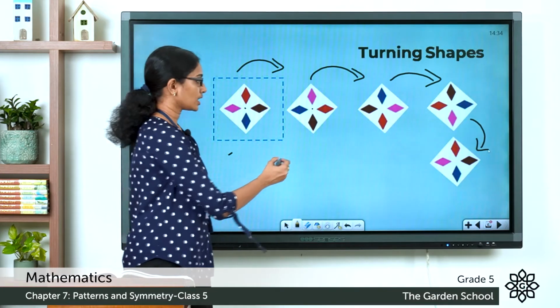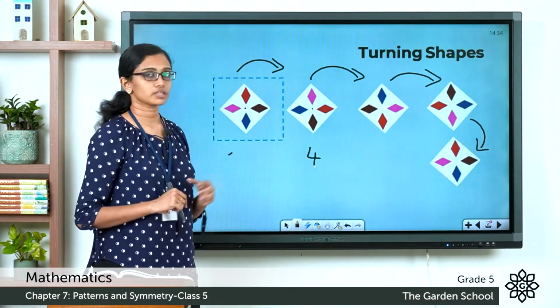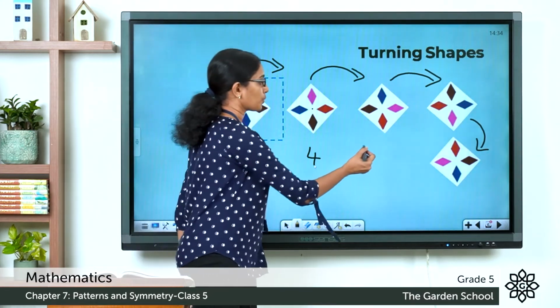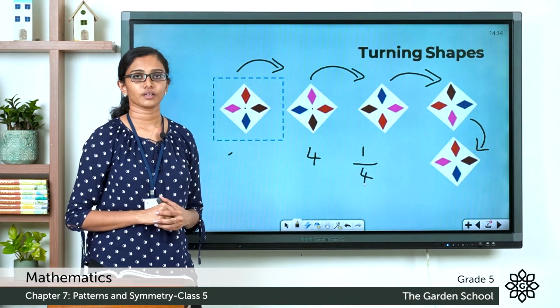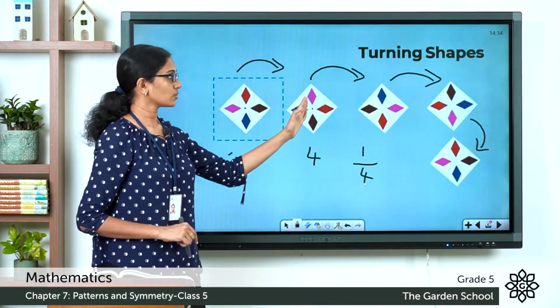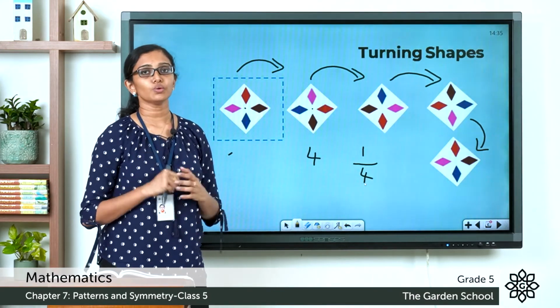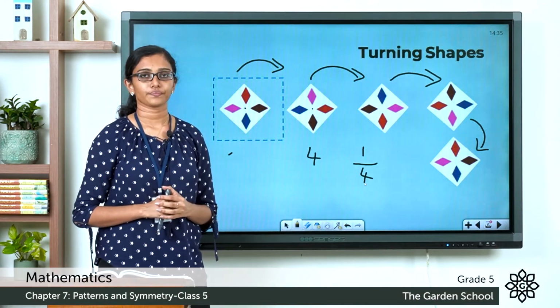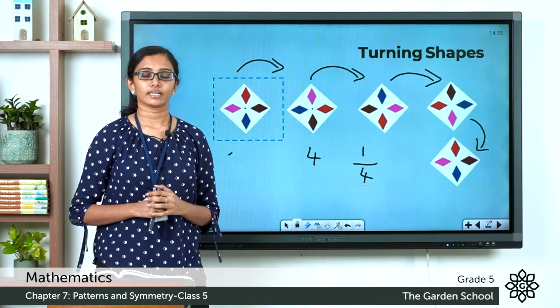So, there were a total of 4 turns, and hence each turn would be a 1/4 turn. So, here it has gone through a 1/4 turn. Here again, when it reached here, it went through 2 1/4 turns. A 1/4 turn is also called a quarter turn.